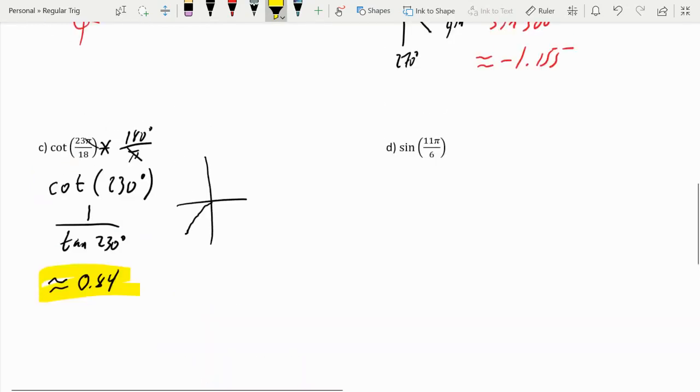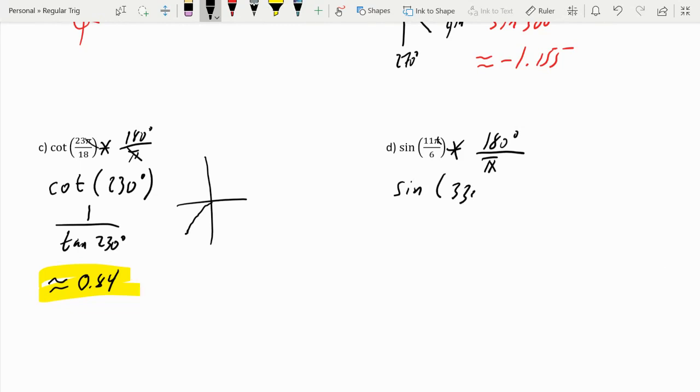Last one here, guys. Again, just for practice, we convert and we end up with sine of 330 degrees. Again, you guys can just type this into your calculator, no issues. 330, I know that's the fourth quadrant. You type it in, and your answer actually is negative 0.5.